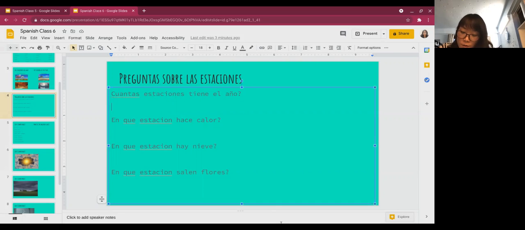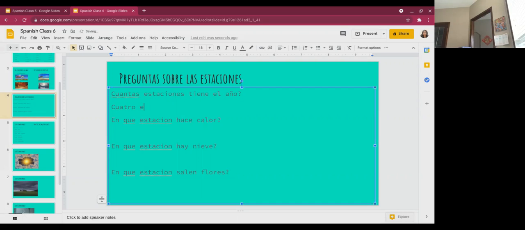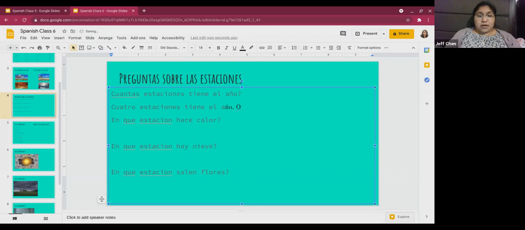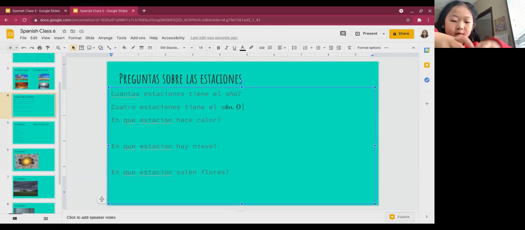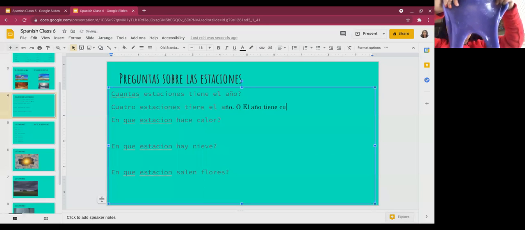Cuatro estaciones tiene el año. Okay, muy bien. So you can put cuatro estaciones tiene el año, right? Or you can write el año tiene cuatro estaciones.